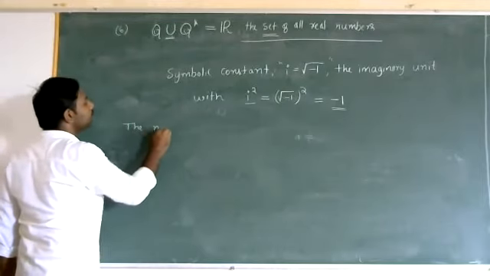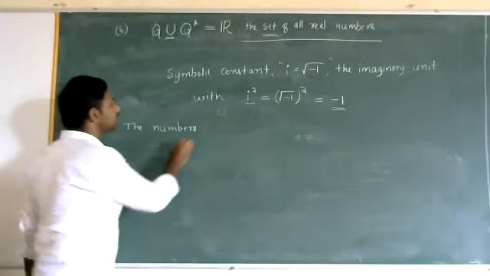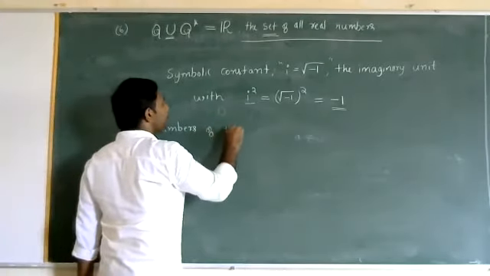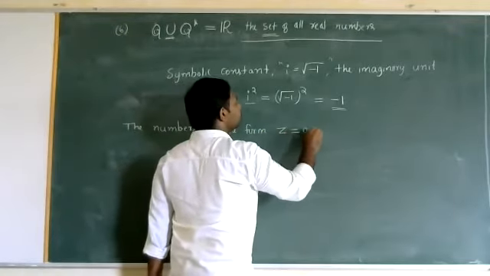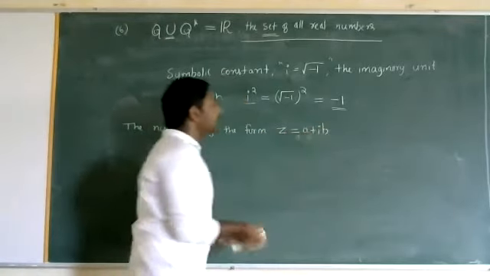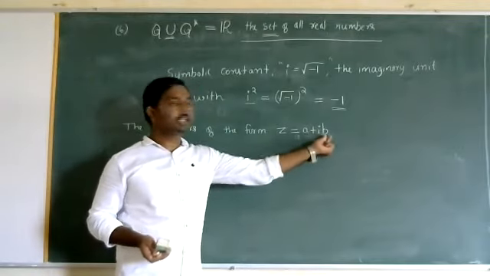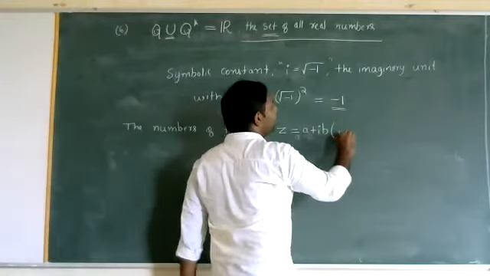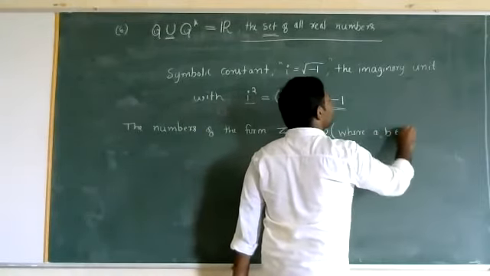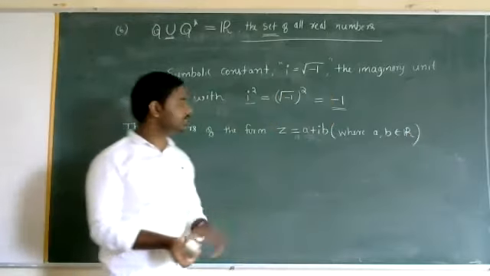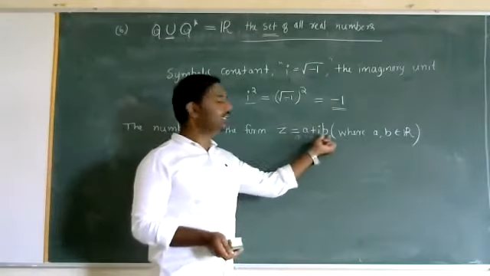The numbers of the form a plus ib, where a and b are any real numbers, are called the complex numbers. So using the existing real numbers and the new symbolic constant i, we generate a new type of numbers of the form a plus ib.